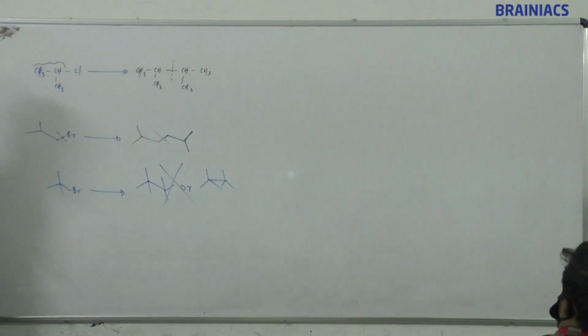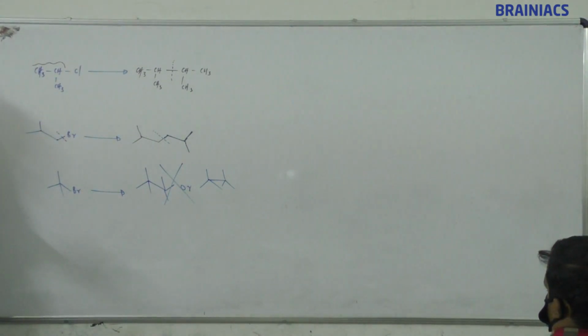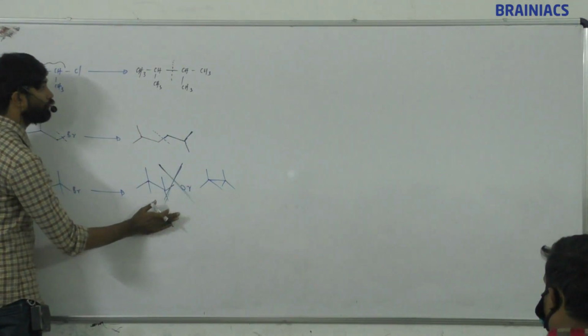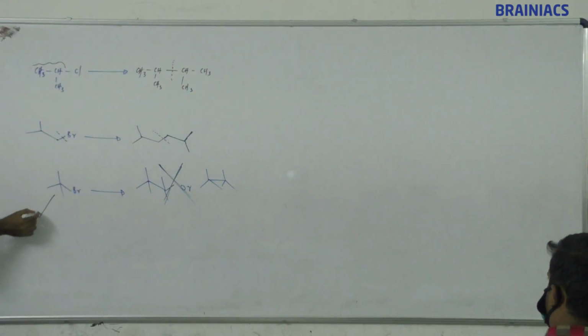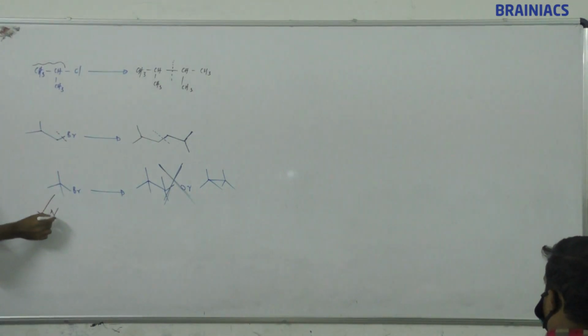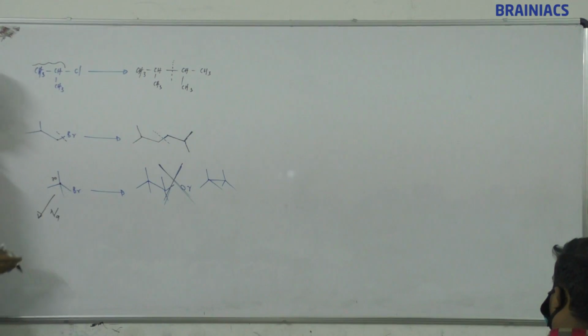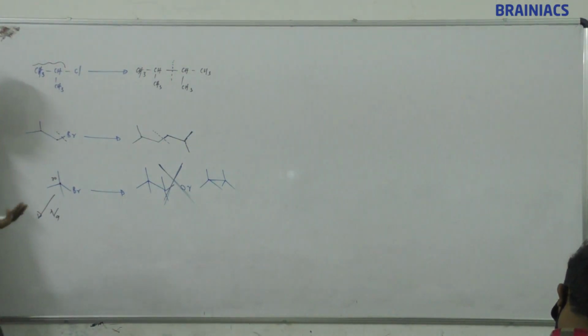If the alkyl halide is tertiary, then there may be a chance for elimination in the presence of sodium. So substitution will not occur. Here the alkyl group is tertiary. I think you are familiar with beta elimination.